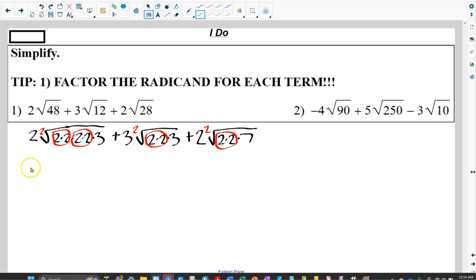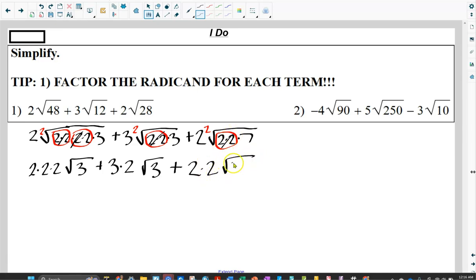So I'm going to have here 2 times 2 times 2, square root of 3, plus 3 times 2, square root of 3, plus 2 times 2, square root of 7.